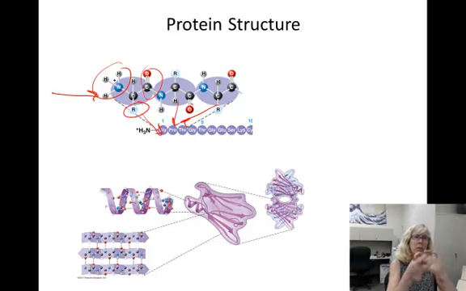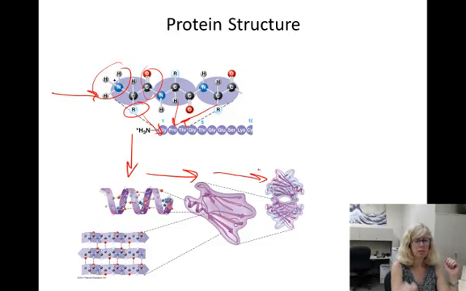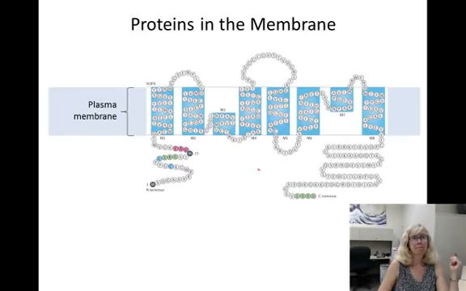This ribbon then folds up into a complex shape: alpha helixes, beta pleated sheets, secondary, tertiary structure, quaternary structure, and this forms a complex shape depending on what R groups are present and whether they're polar or nonpolar. All proteins are made of these same building blocks, but end up looking very different.